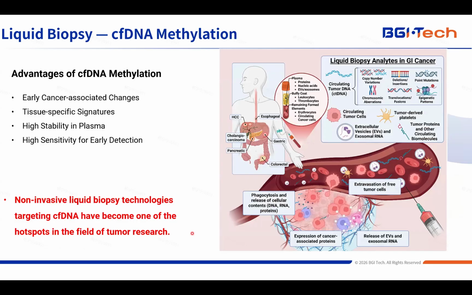Non-invasive liquid biopsy technologies targeting cfDNA have become one of the hotspots in the field of tumor research. Because of its advantages, cfDNA has been widely used in different fields, such as early screening and diagnosis, minimal residual disease monitoring, and the identification of the tissue origin of ctDNA.